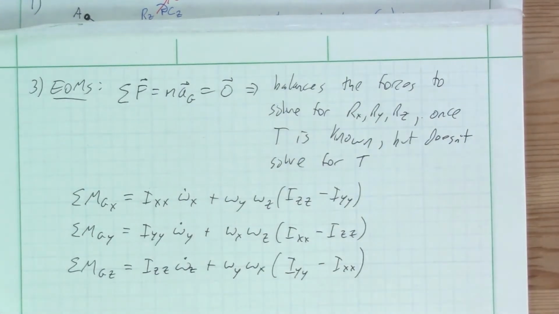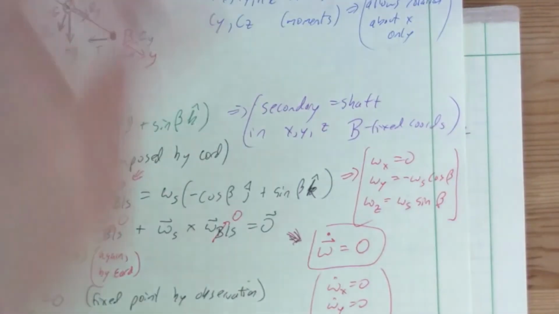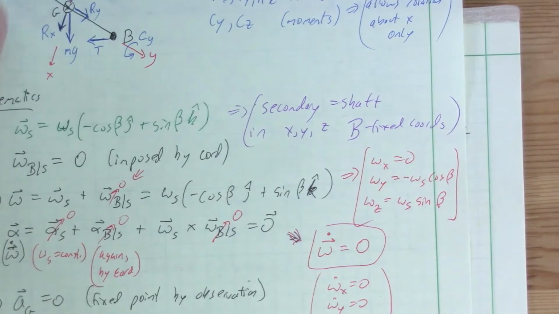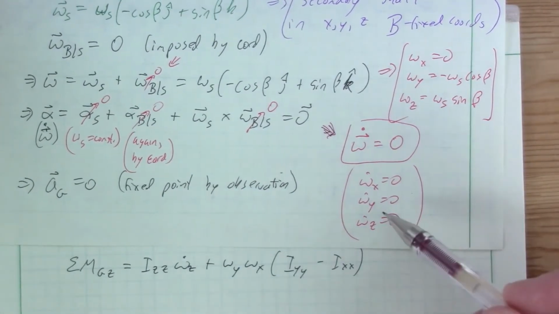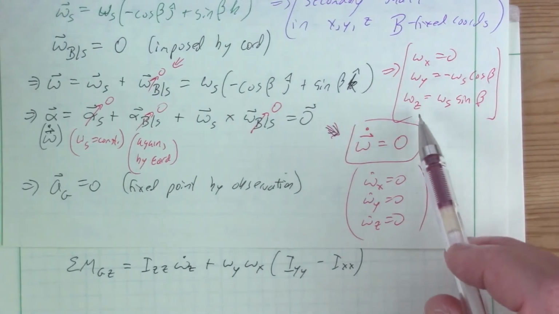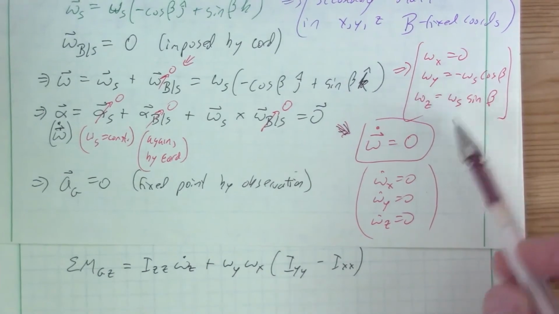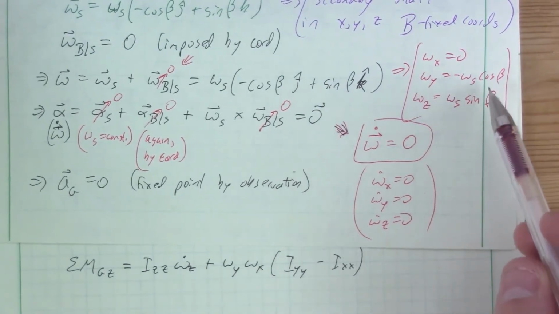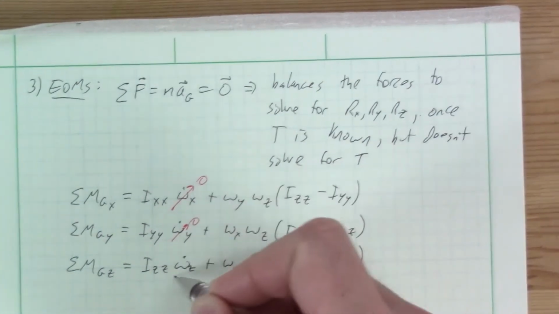All right, we got them all there. So now let's go through here and see what we have is 0. Okay, come to here, and we notice that we've already done all the work, right? So omega x itself is 0, all of the time derivative is 0, and then omega y and omega z, we have their components. Those have an omega that's related to the shaft rotation rate, and then the cosine and sine projections. So all of these terms are 0.